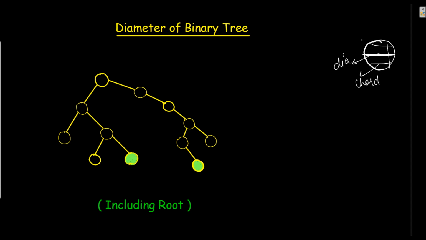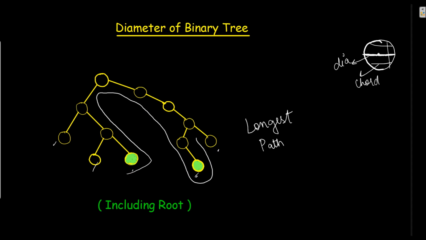Now with respect to a binary tree, the diameter is the longest path between any two nodes, which can be any of them. But the path connecting the two nodes should be the longest. Now in this binary tree, we have the longest path, this one, where we have 1, 2, 3, 4, 5, 6, 7, 8, 9 nodes.